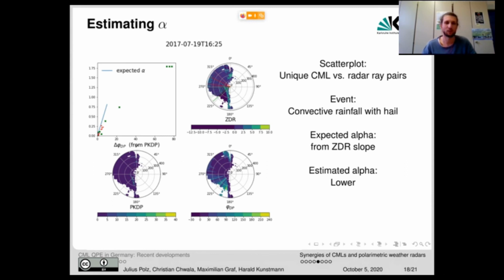So it will be a challenge, but I think once we do more events, then we can actually get a good picture. And now we got some promising comparisons.